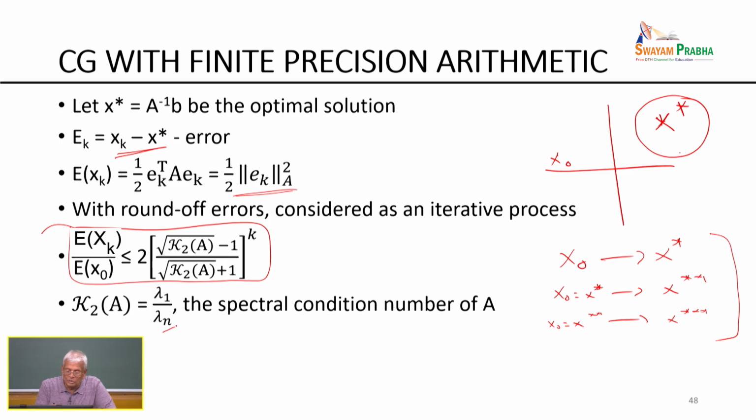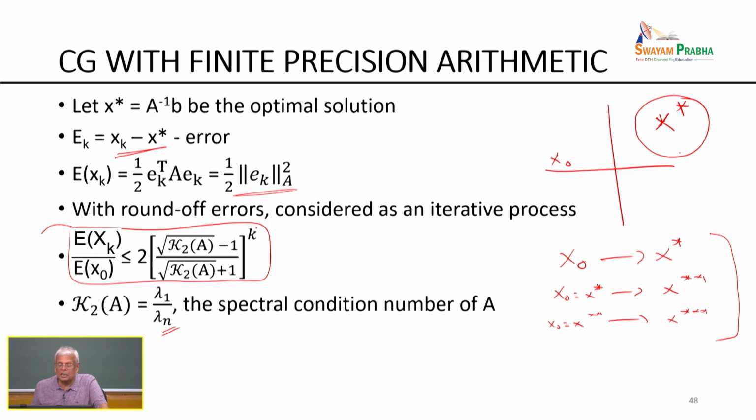And you already know lambda_1 by lambda_n is the spectral condition number. This number is less than 1. This number is much smaller than the number that we got in the case of the gradient method. So, this converges very fast as k increases. So, even though in practice it looks like an iterative algorithm, the convergence is much faster than the gradient algorithm.